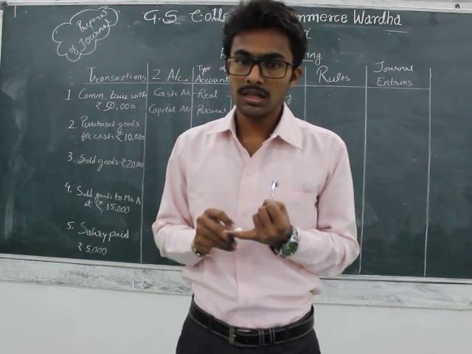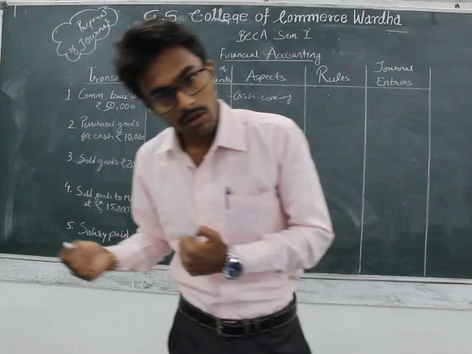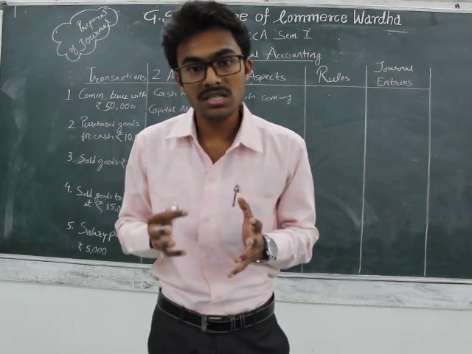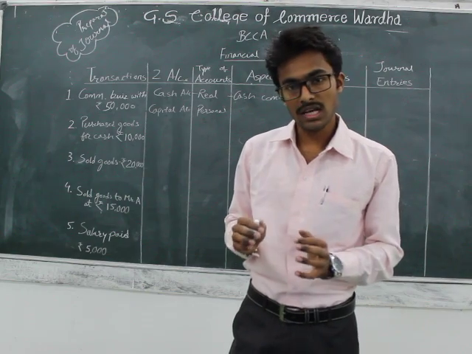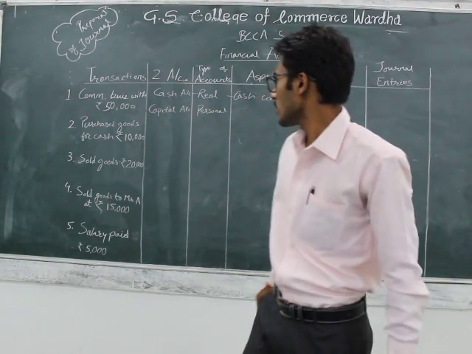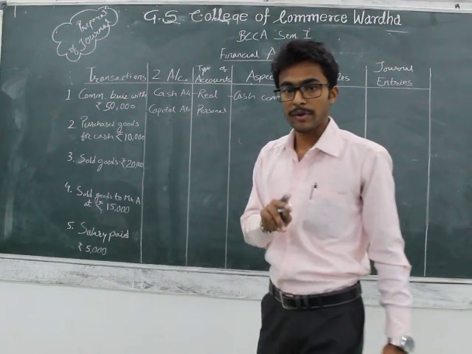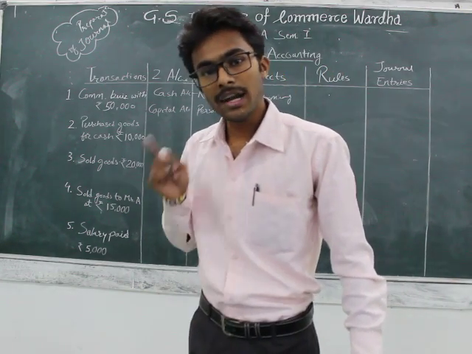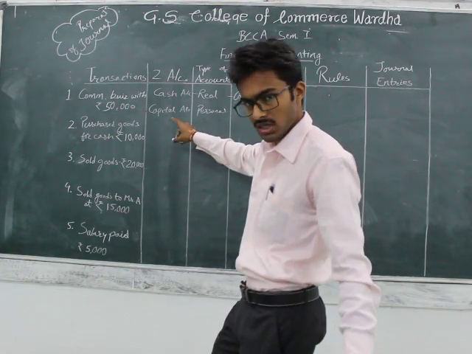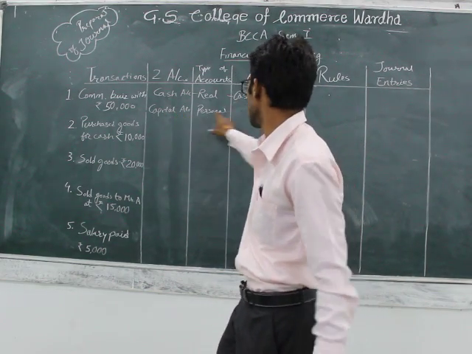Real account says debit what comes in, credit what goes out. Personal account says debit the receiver, credit the giver. So a personal account has two aspects, giver and receiver.